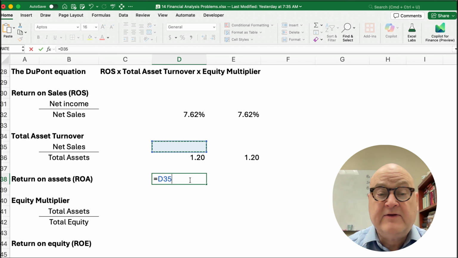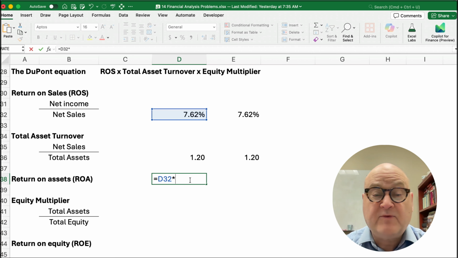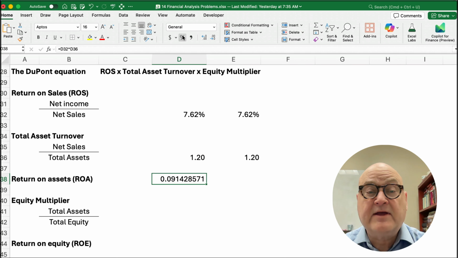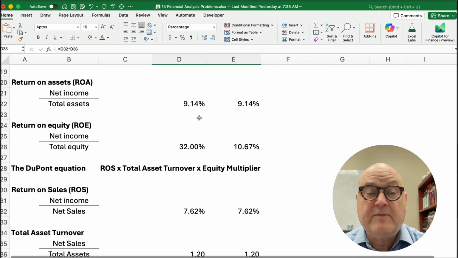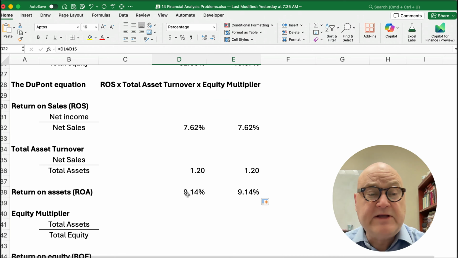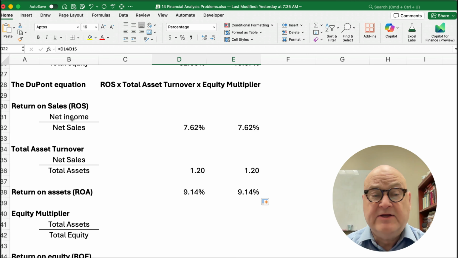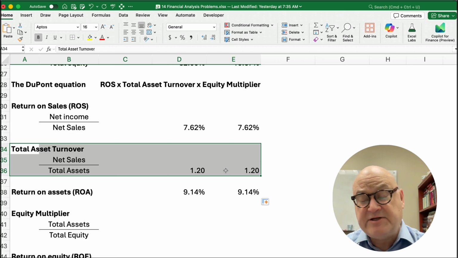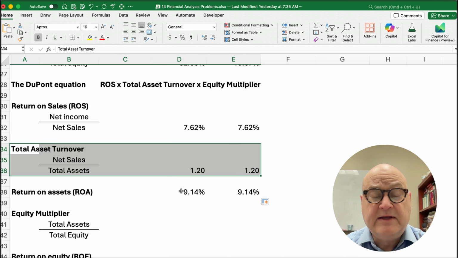Let me show you. 7.62 times 1.2, and that will give us a percentage number, 9.14. Remember, our ROA is 9.14. So one way you can look at return on assets is you have to be more profitable in return on sales, or you have to be more efficient in using your assets to generate sales, right? So a couple different ways to think about return on assets.